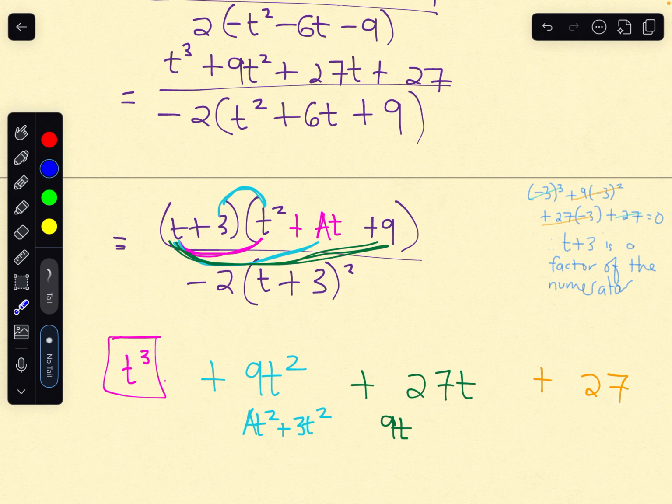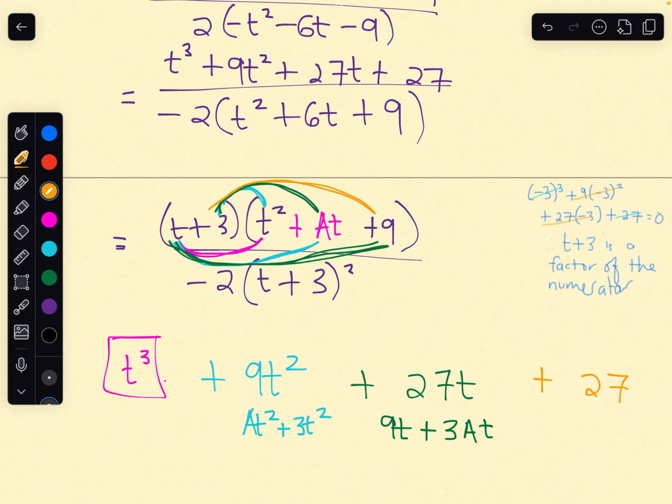So this is the green one. So that is 3at, and then finally we have this multiplication, 3 times 9, which gives us the 27. Okay, cool. I don't know why I'm drawing them in boxes, but just for consistency, I guess.